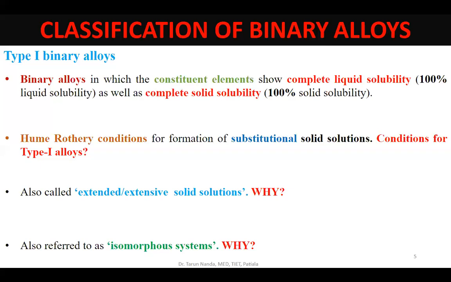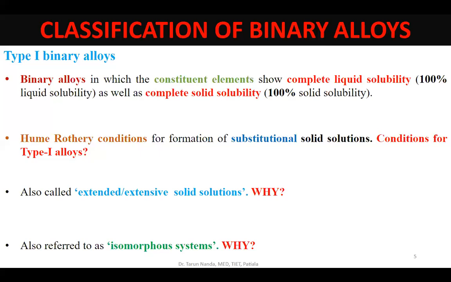It can be BCC, FCC, or FCC and HCP, or HCP and simple cubic, right? But if it has to be a type 1 binary alloy where 100% liquid and solid solubility has to be shown, Hume-Rothery said that there is a modification. Two elements can show such wonderful solubility only if they have the same crystal structure. No exceptions to this.